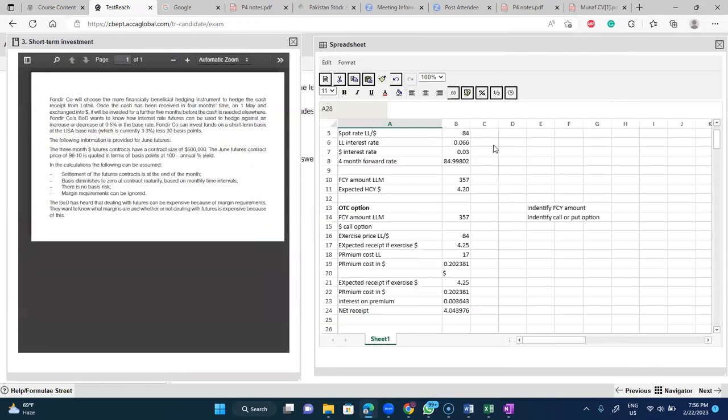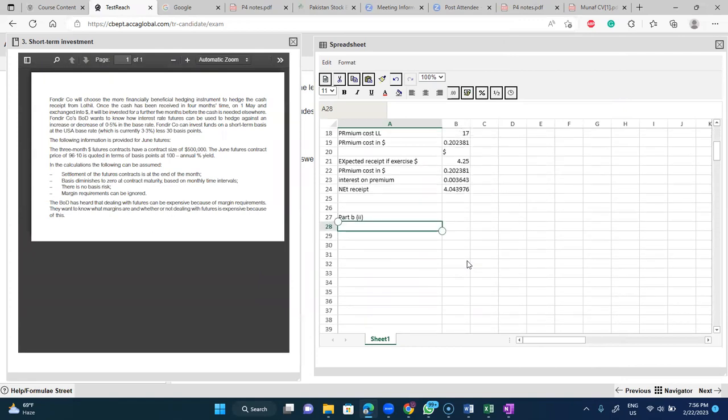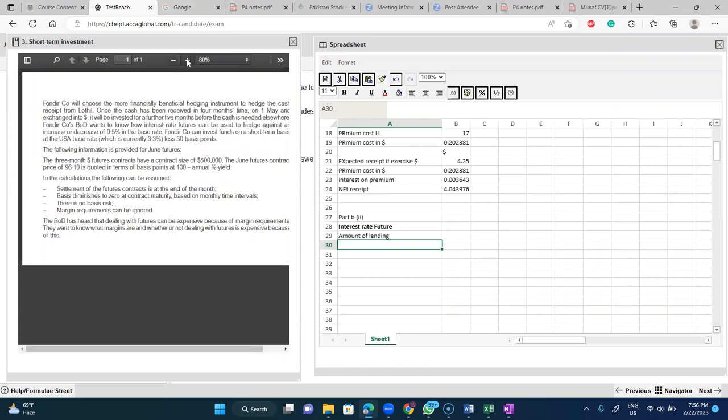Let's solve the next part. This is the interest rate future. First step, if you remember, amount of borrowing or lending. So amount of lending here. No amount of lending is given in the question because the examiner wants you to identify it from the above part.